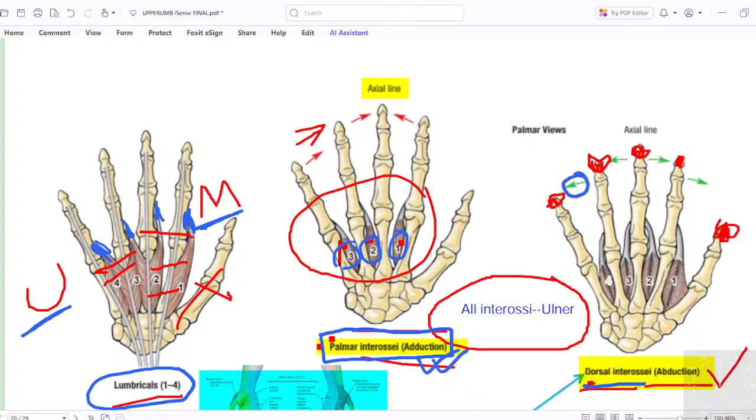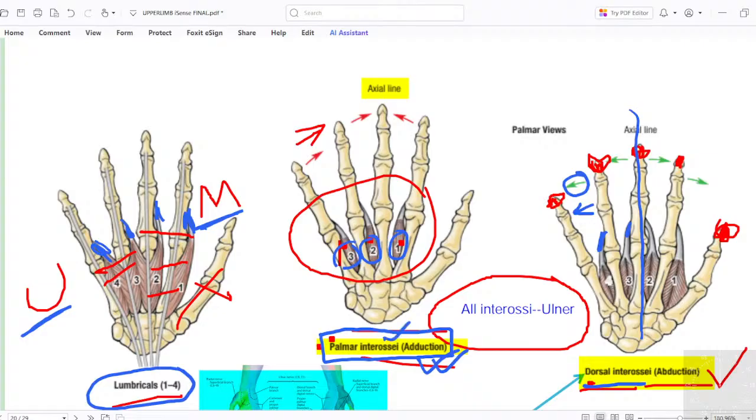It takes the finger away from the midline. This is the midline, the axial line, and when these muscles act, because they are attached on the lateral aspect, they take the finger away. So palmar interossei cause adduction, dorsal interossei cause abduction.